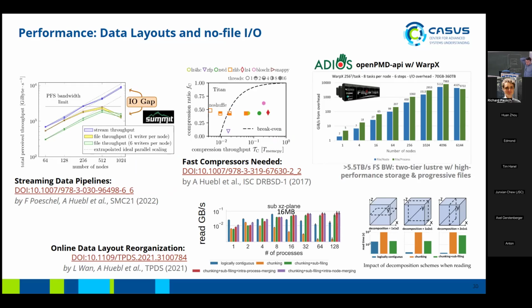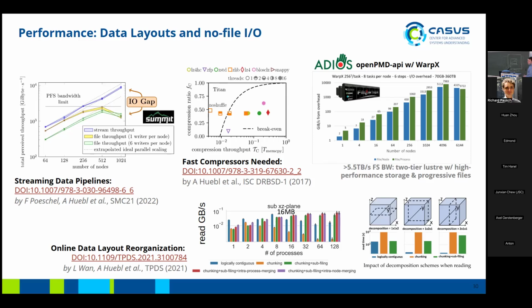The bottom row: we have talked mostly about write performance so far. There's also consideration about read performance. Not going far into detail on that one, but especially in ADIOS, since it has this log-structured output format, you need to think about how to write data so that it is actually readable.